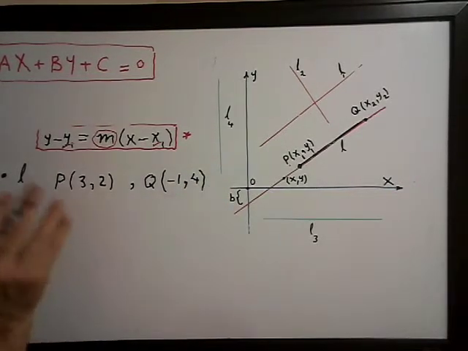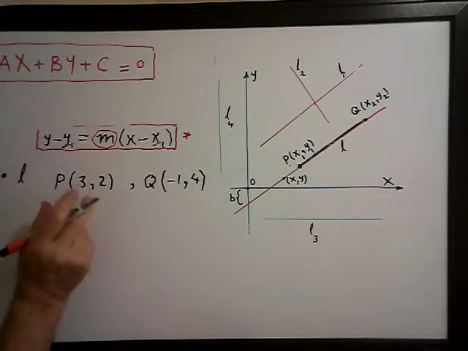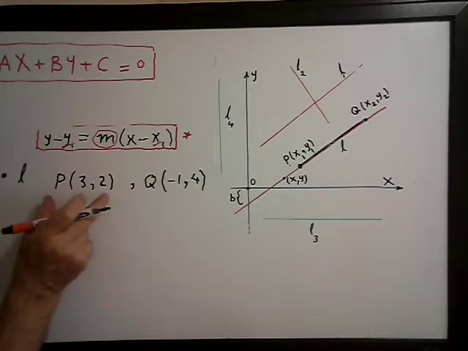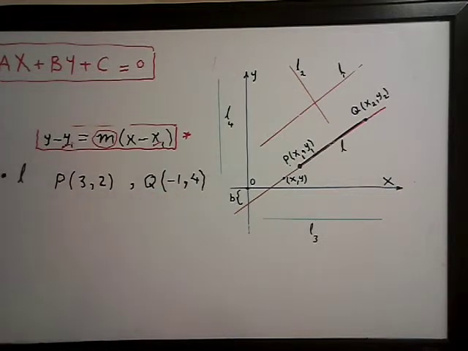See here, we just have these 2 points. The line L just passes through these 2 points, and we need to find the equation of this line.